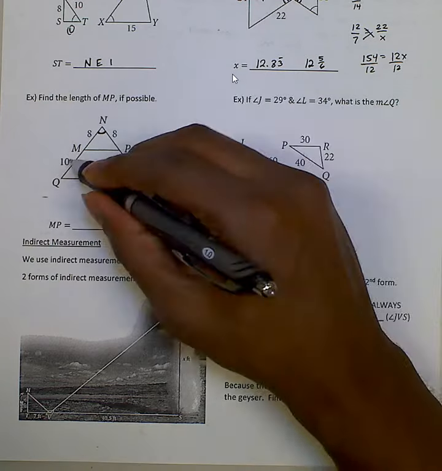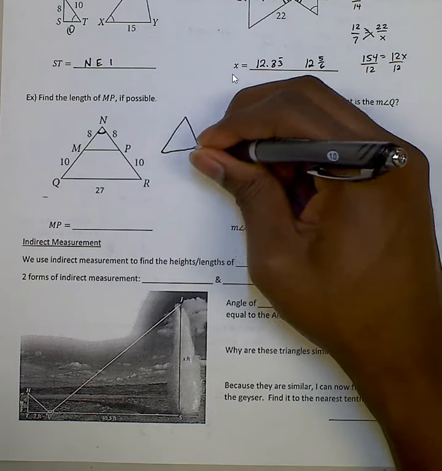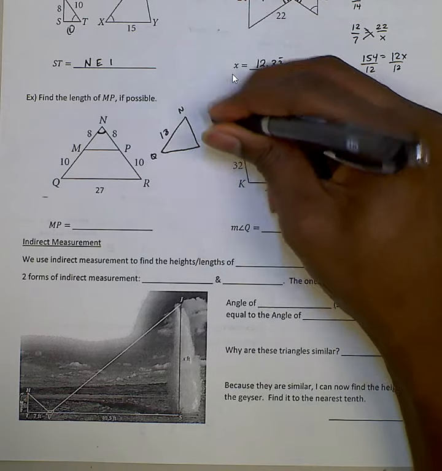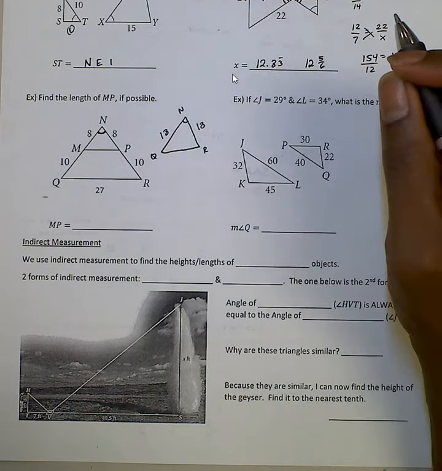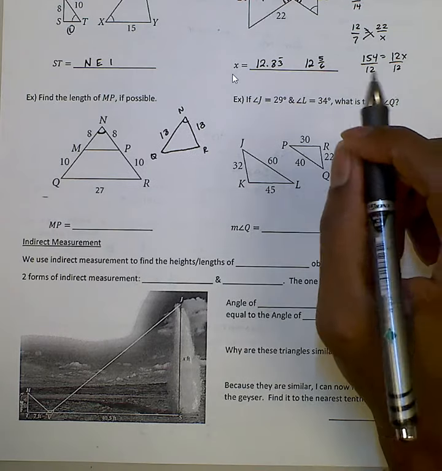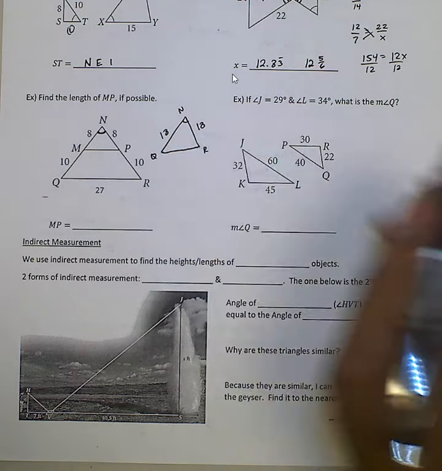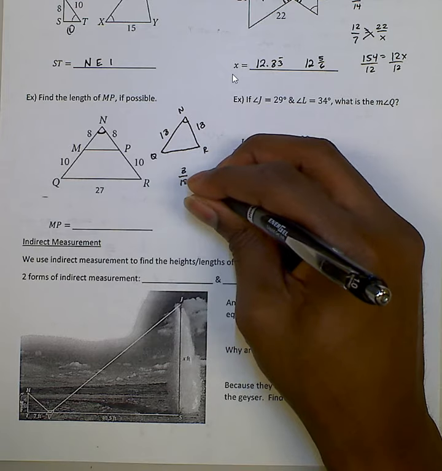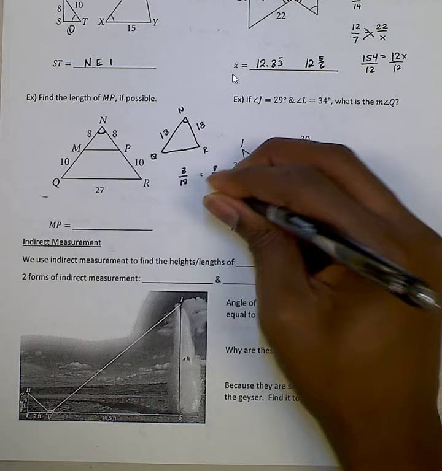And for the large triangle, I'll just draw this out so that you can see it, we have this side in Q is going to be 18. This side in R, which is going to be 18. We have this angle. Okay, so these two triangles are similar because of side angle side similarity. We didn't have to do a whole lot of math because 8 over 18 has to be the same as 8 over 18. Okay, so they are similar.